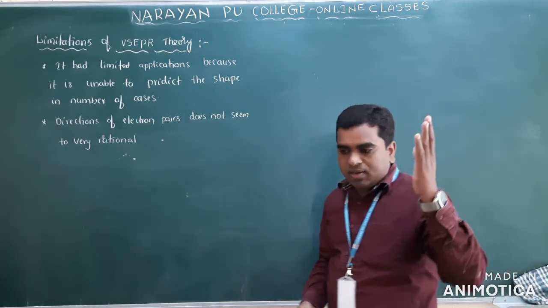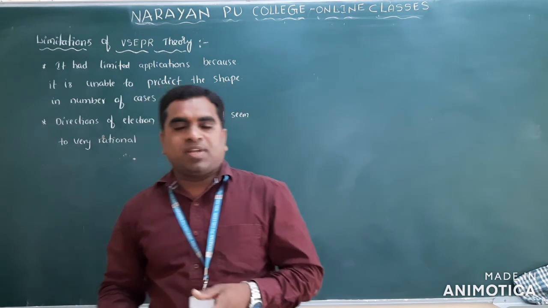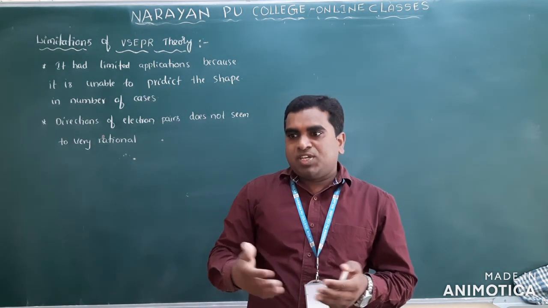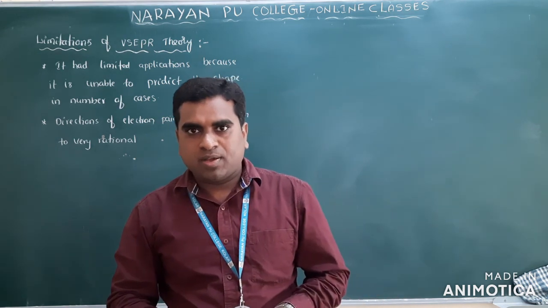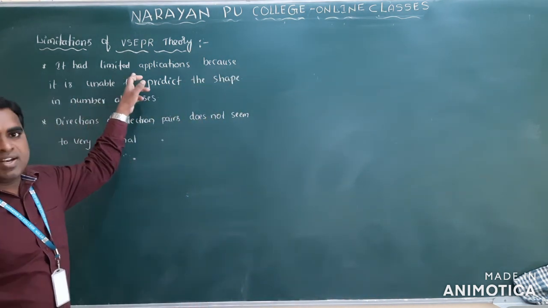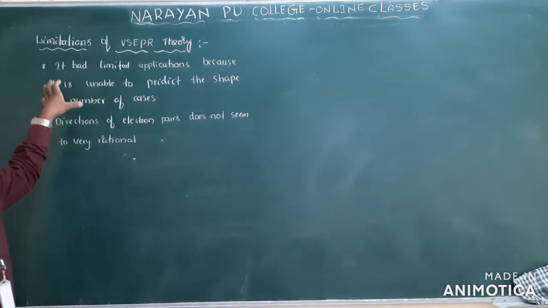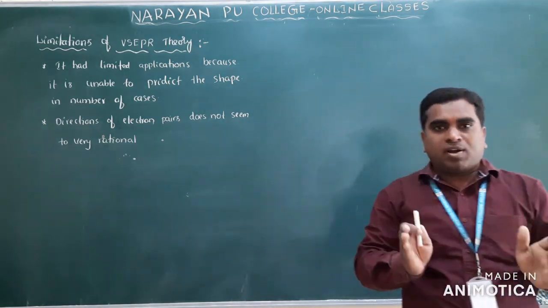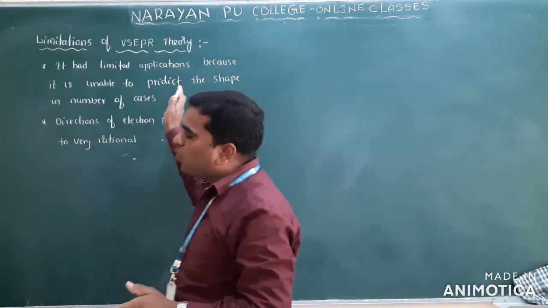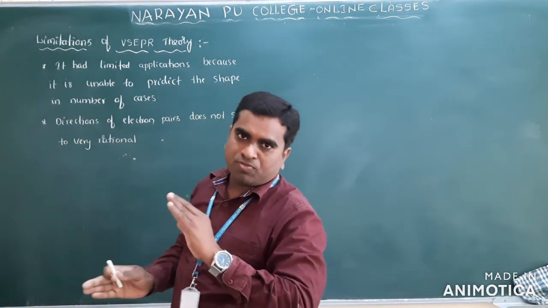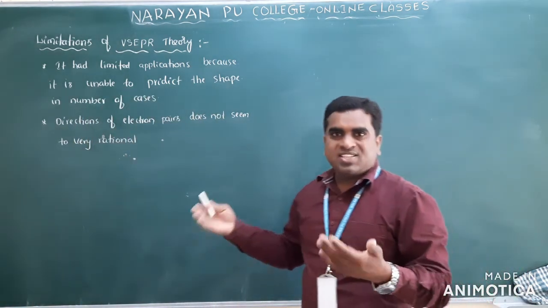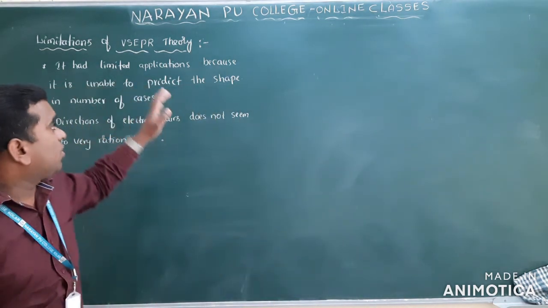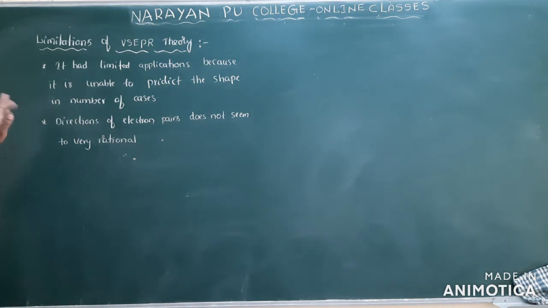The second limitation of the Lewis concept is that it does not explain the release of energy during the formation of a covalent bond. This theory also does not explain the release of energy during covalent bond formation. It only gives the explanation for the shapes of molecules. How much energy is released during bond formation is also not explained.